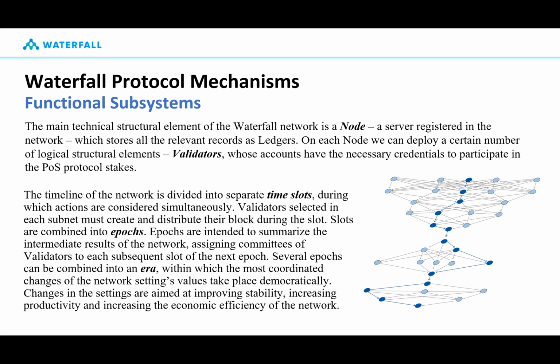An epoch is a combination of time slots where intermediate results are summarized and assigned to committees of validators for subsequent slots of the next epoch. Eras are a combination of multiple epochs where coordinated changes of the network settings take place to improve scalability and increase productivity and economic efficiency.